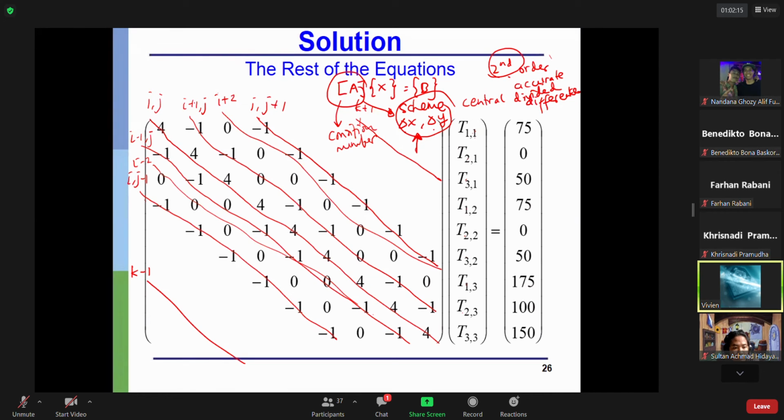Now, this is very important if you're interested later in simulation, like in FEM or CFD. You will see the correlation between, for example, the sizing of the grid and how easy the system is to be solved.